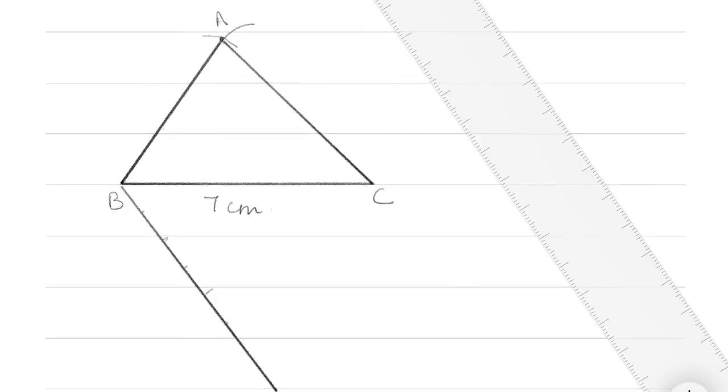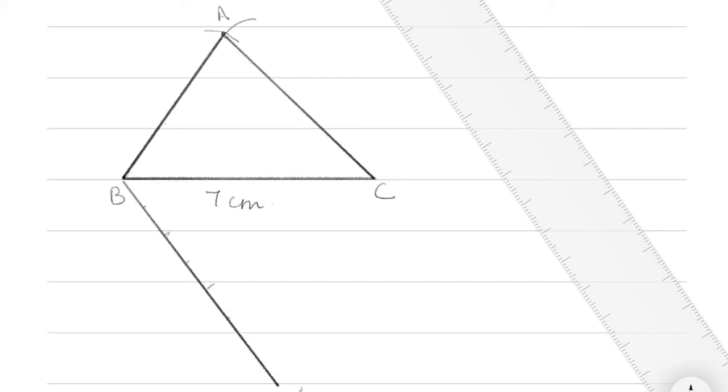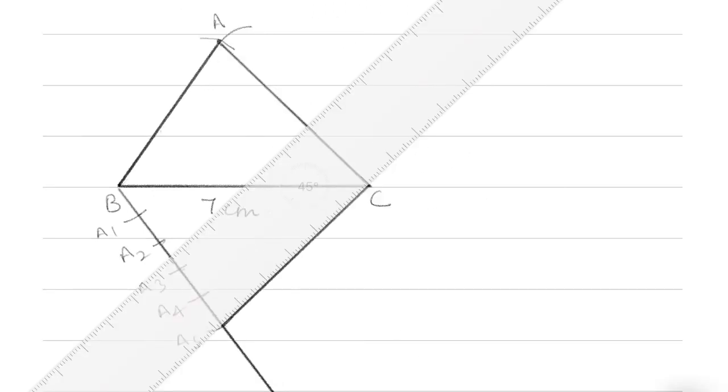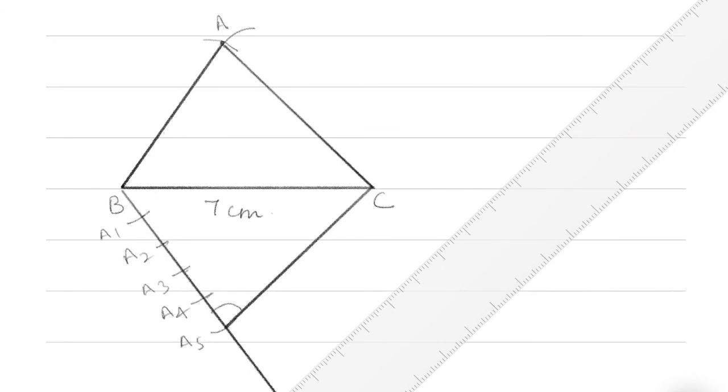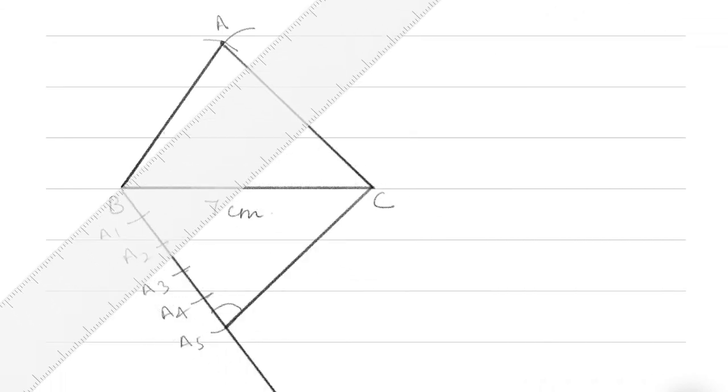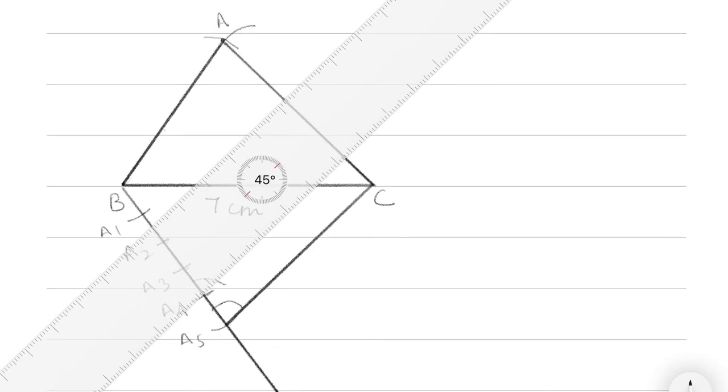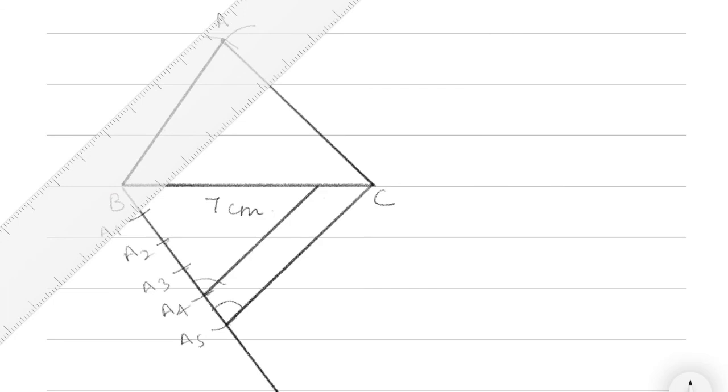Let this be BZ, and we'll draw equal arcs starting from B. So one arc from B, A1, second arc A2, then third arc A3, fourth arc A4, fifth arc A5, and we will join A5 to C. Measure this angle, and the same angle we are going to make at A4 to make a line parallel to A5 C. So we get this point as C dash.